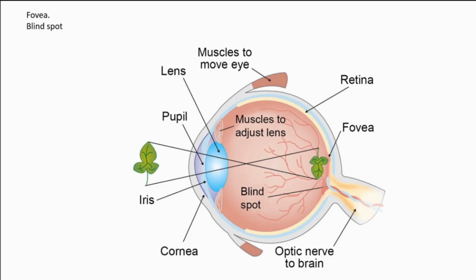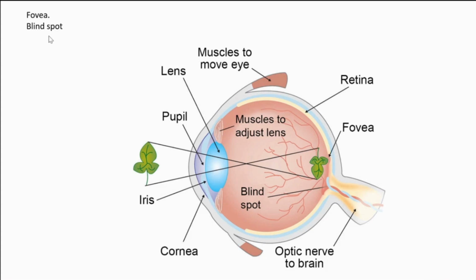At that point, bright light vision is very high because cones are more numerous there. It is a notch-like small depression, and in this portion the number of cones is very high. So that region is called the fovea.